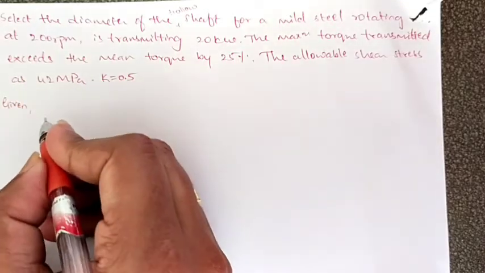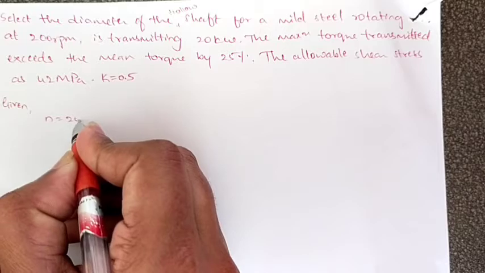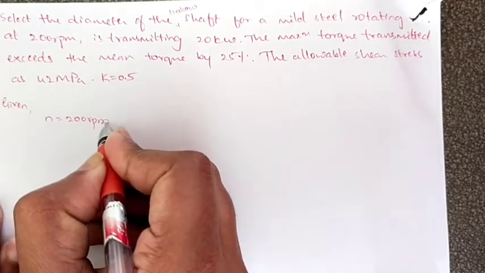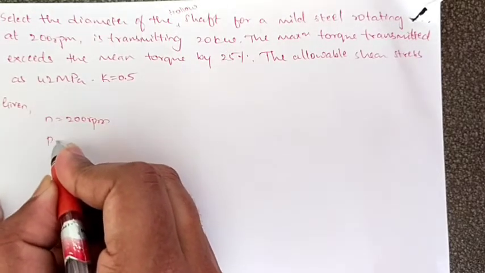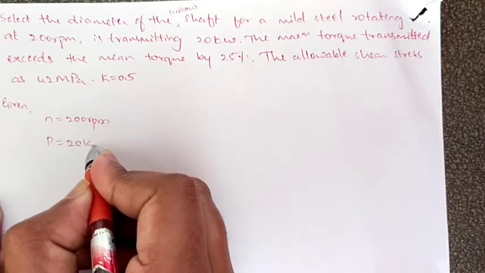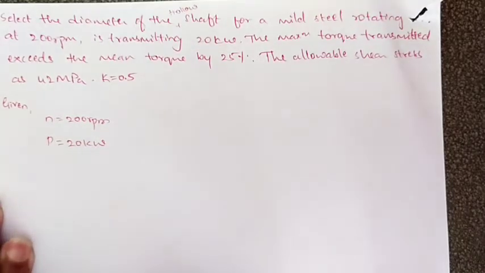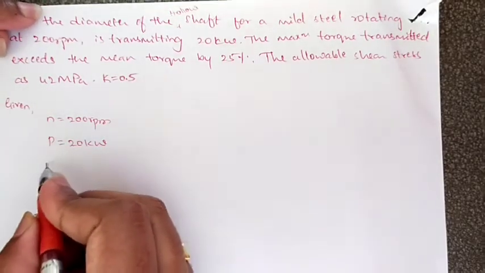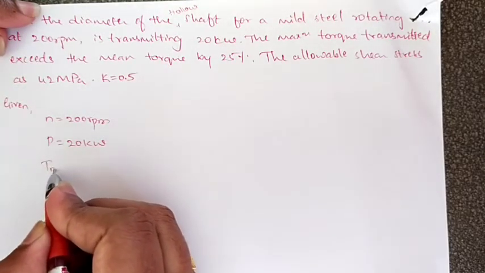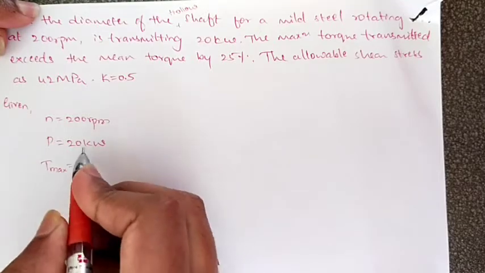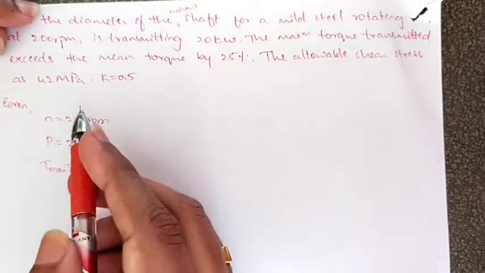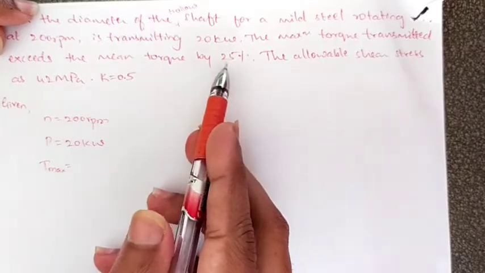So first, what is given? N is given, 200 rpm. Then power is given, how much? 20 kilowatt. Always it should be taken in terms of kilowatt. Then what else is given? The maximum torque T max exceeds the mean torque by 25%.